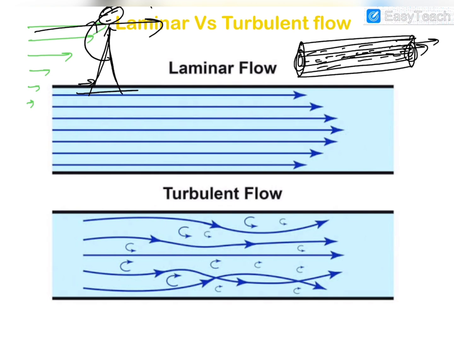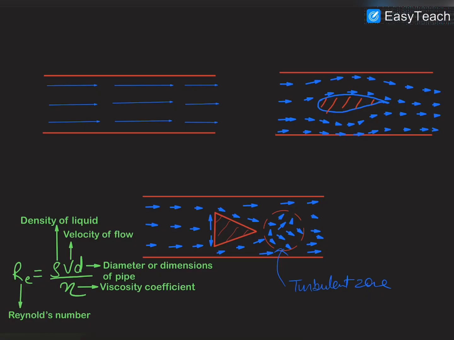Now you can see that this is a simple type of flow, and there is an aerodynamically shaped obstacle kept gently inside this flow. The molecules will change their streamline and follow the curved streamline, but still they are following a streamline.